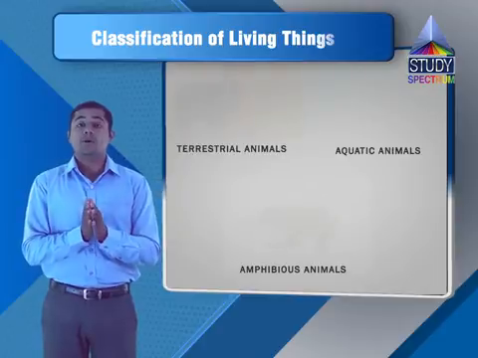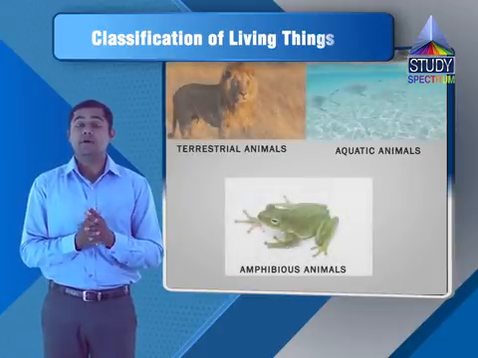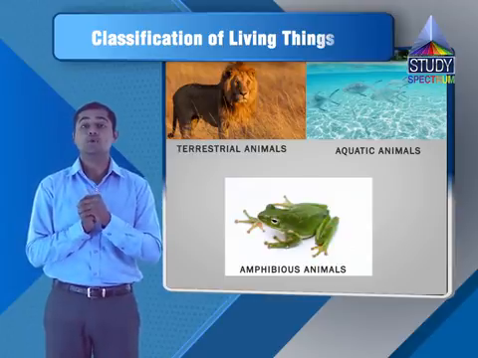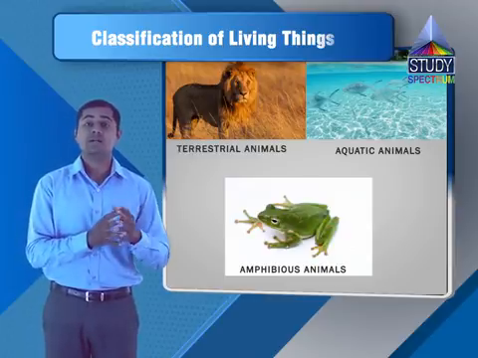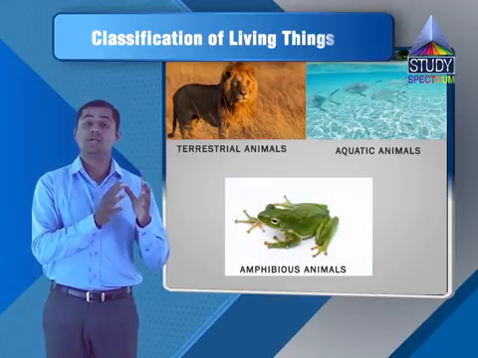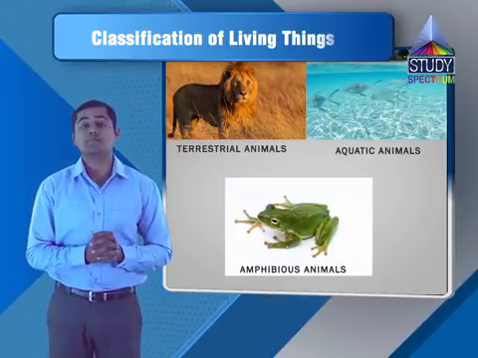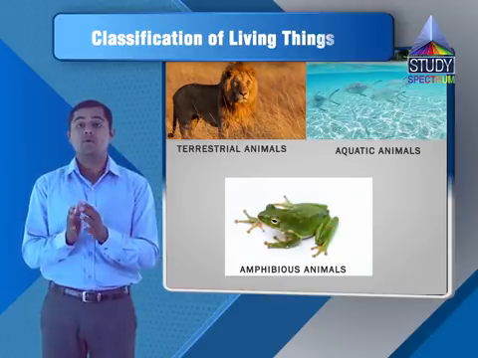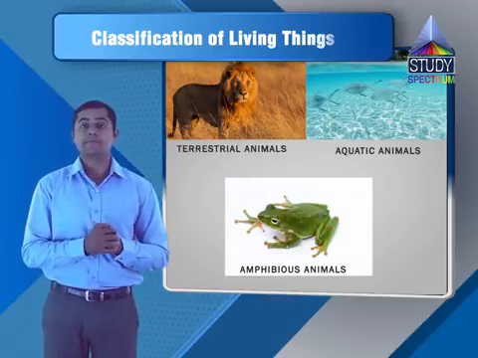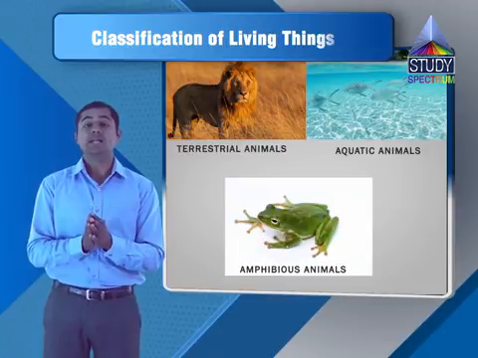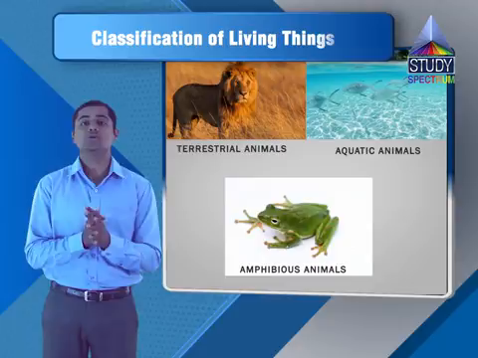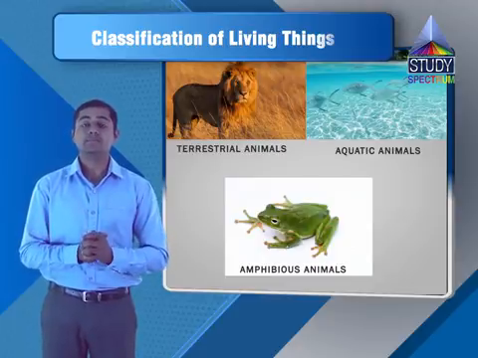On the basis of where animals live, dwell, what is their natural habitat, animals are subclassified into three groups: terrestrial animals, the animals which can dwell on the land only, not in the water; aquatic animals, which can live and dwell only in the water, not on the land; and the animals which can live both in water as well as on land, those are called amphibians.